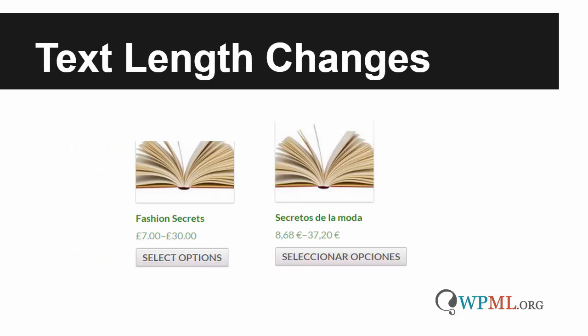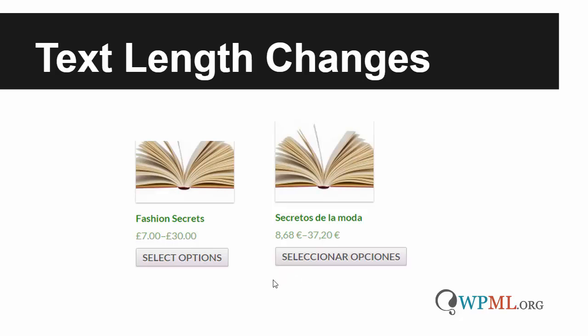Next item that you should pay attention to when you're building a theme for multilingual sites is that texts will change length. For instance, the select options button here has quite a longer text when it's in Spanish. It might have a shorter text when it's in an Asian language such as Chinese.